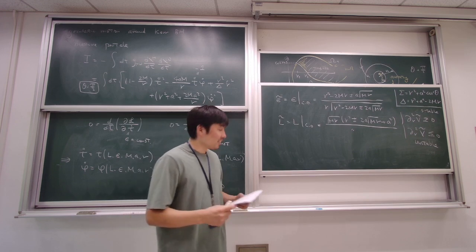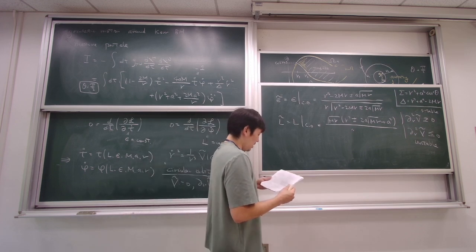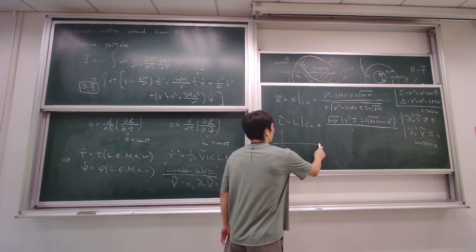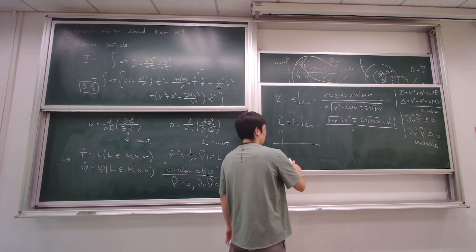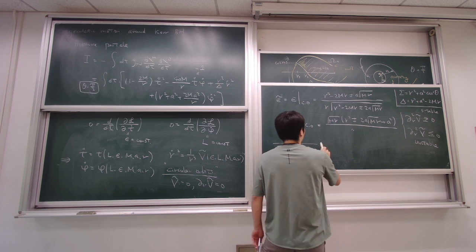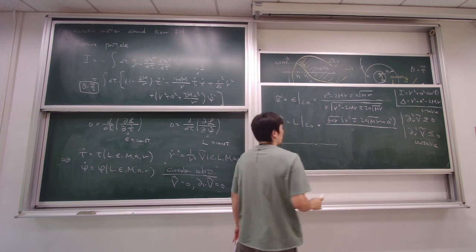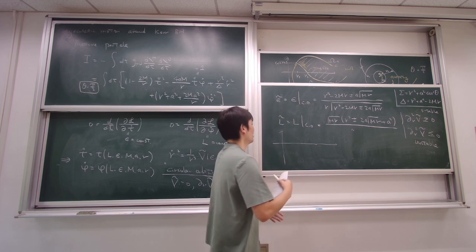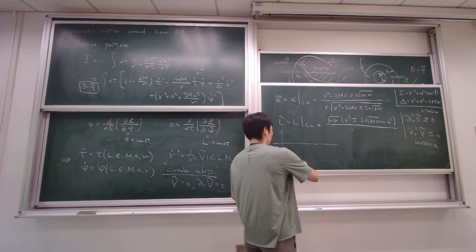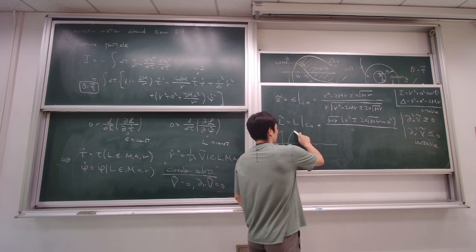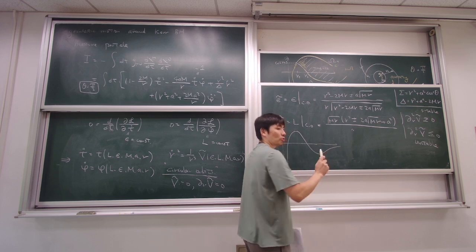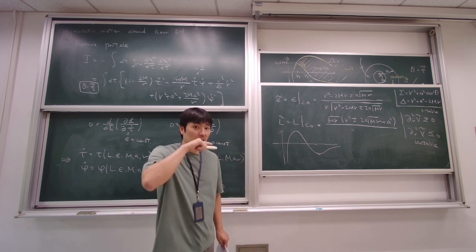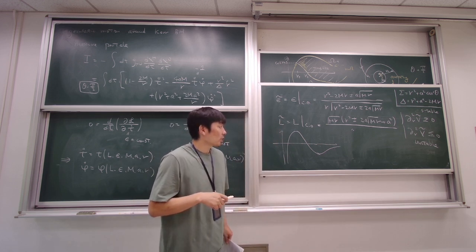In the case of Schwarzschild, we already knew that depending on L and E the potential becomes different. If L is big enough, the potential looks like this, and there's a stable circular orbit.